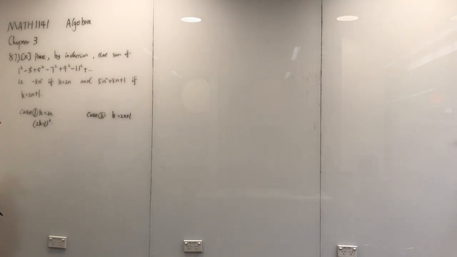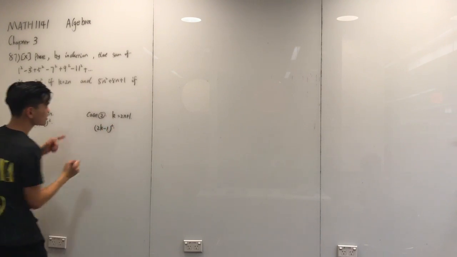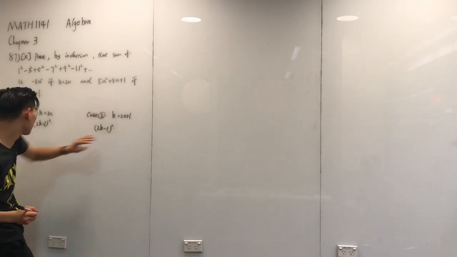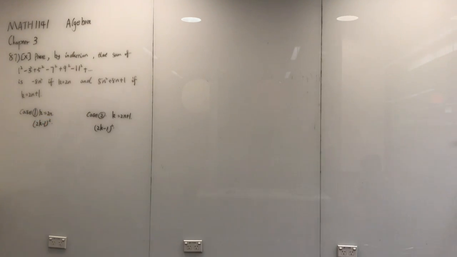So it will always be a plus at the end of this series. Same thing, so what will be the last term of this series? It will be 2k minus 1 squared. In this case k is 2n plus 1; in the previous case it is 2n, right?